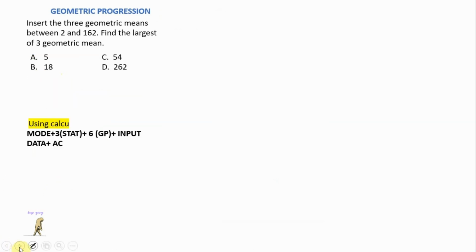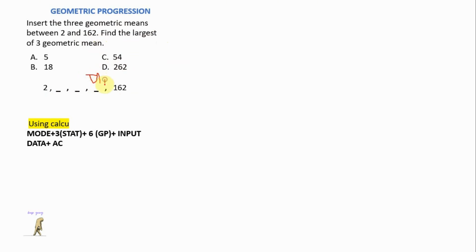So next, this time we are finding the largest of three geometric means that are inserted in these numerical numbers. So it looks like this. So we are in geometric progression. We know the largest of three geometric means is a sub 4, right?